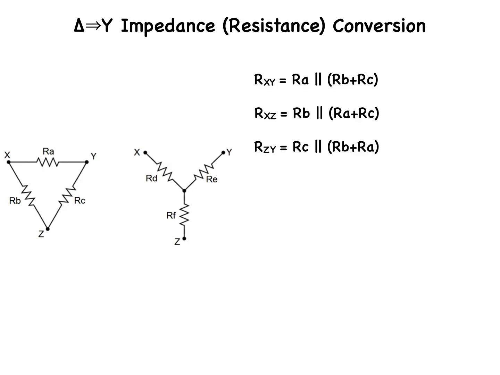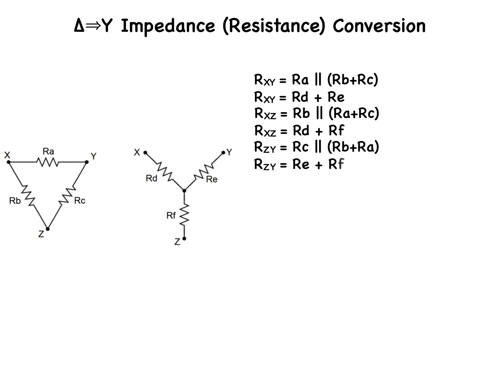In the Y configuration, the resistance between the same 2 points XY would be RD plus RE. Between the 2 points XZ, the resistance would equal RD plus RF, and between Z and Y, the resistance would equal RE plus RF.